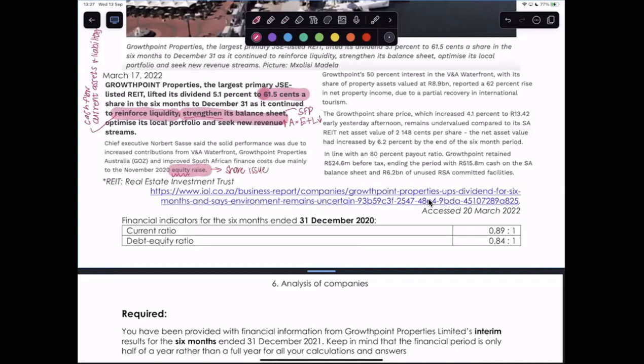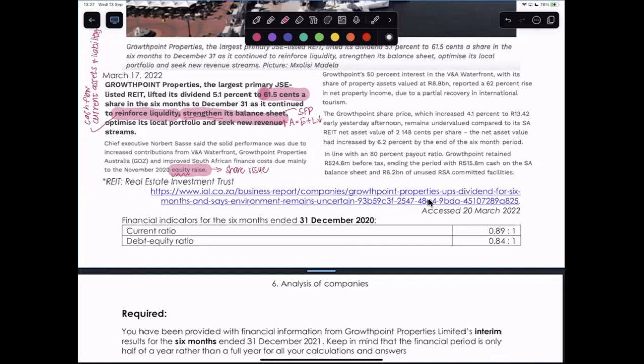Growth Point's 50% interest in the V&A Waterfront, with its share of property assets valued at 8.9 billion rand, reported a 62% rise in net property income due to a partial recovery in international tourism. So this is interesting.